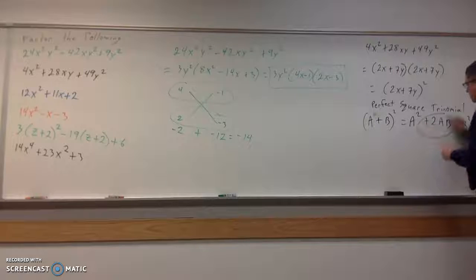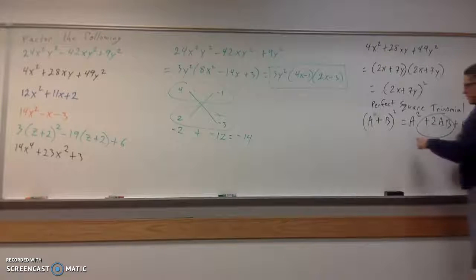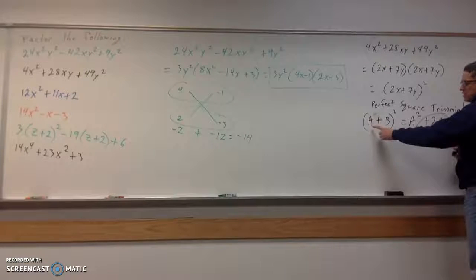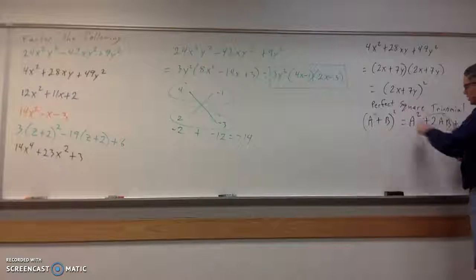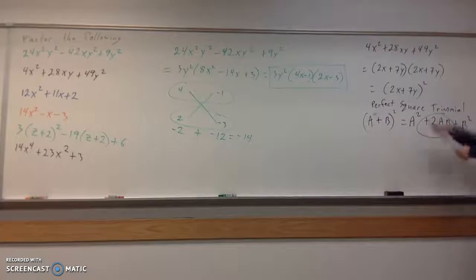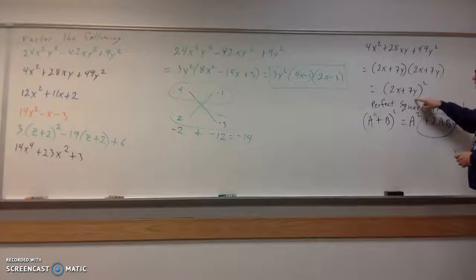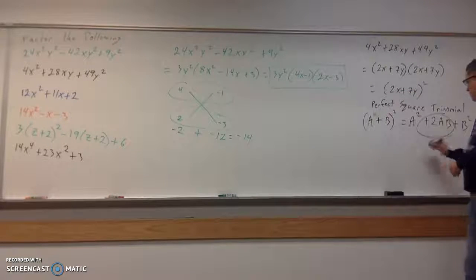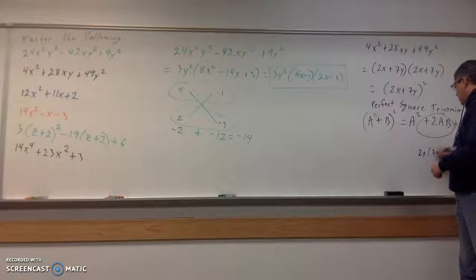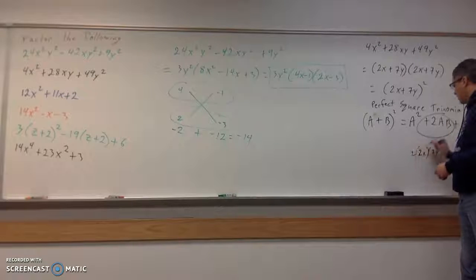Let's look at this part in particular, this plus 2ab. What that is you take the a times the b and then you double it, right? Well, let's take a look here. My a in this case is 2x. My b in this case is 7y. 2x times 7y. Then we have to double it, right?